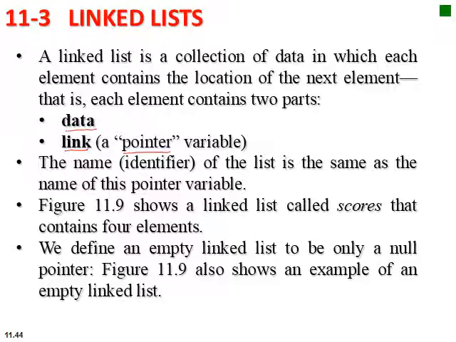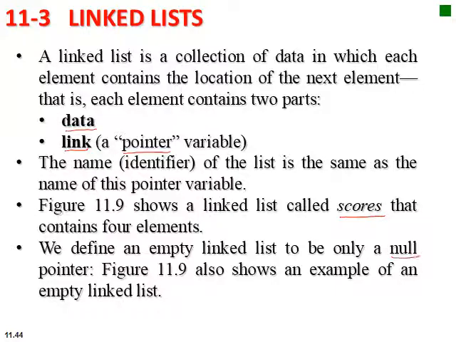Okay, so we will see in figure 11.9 just now. It shows a linked list called scores. So scores is the name of the linked list, and it will contain 4 elements, as you will see just now. And we define an empty linked list to be only a null pointer.